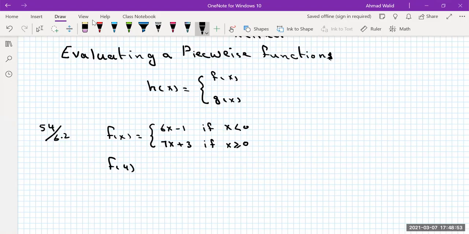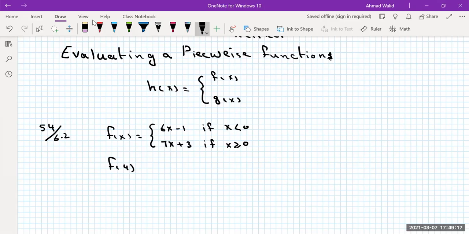Before I solve this problem for you, let me explain one of the main characteristics of the piecewise defined function: their domain is restricted. Correct? The domain of these functions is restricted. How?